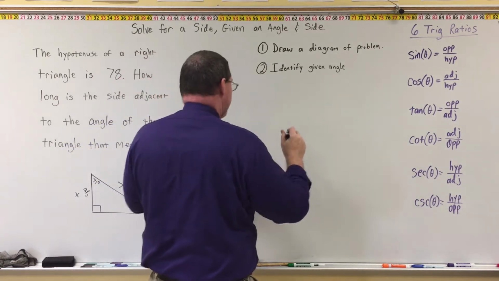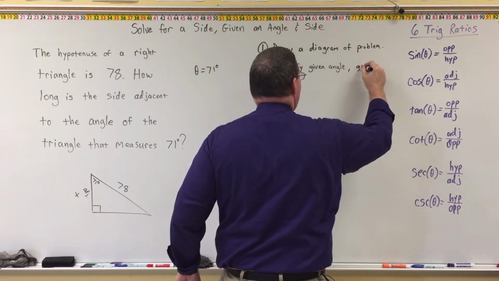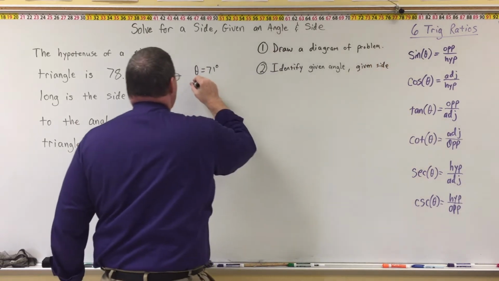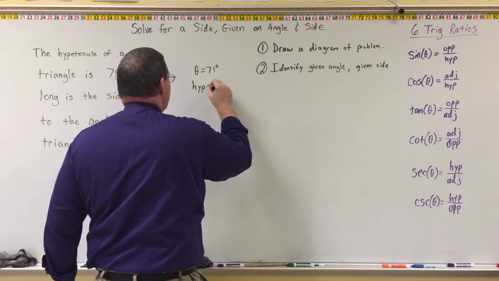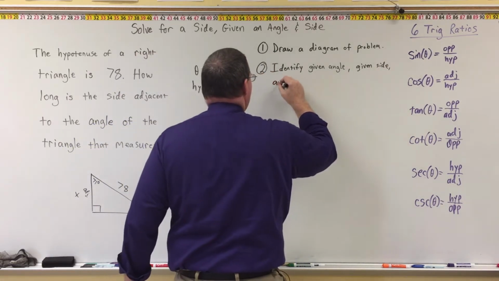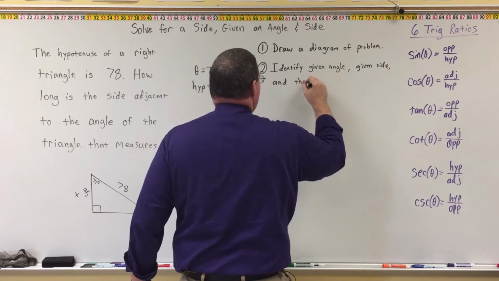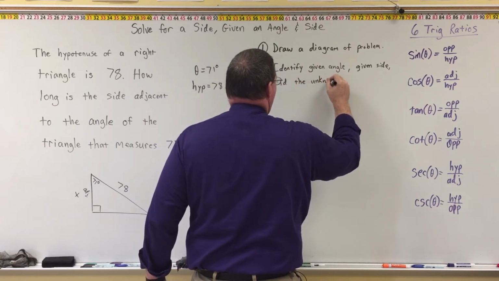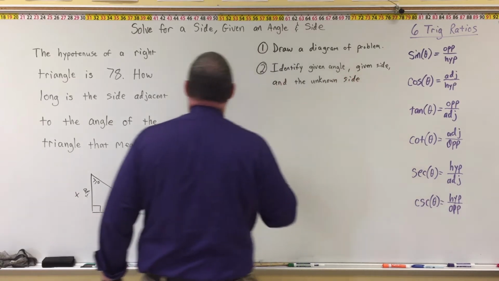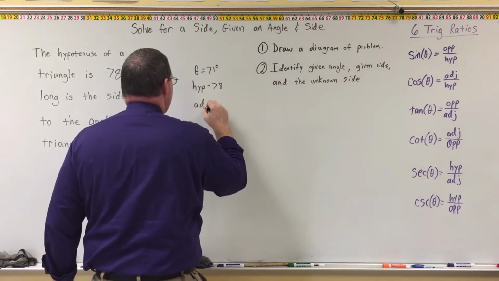The given side in this case is the hypotenuse, which is given as a length of 78. And the unknown side, that's what you're solving for. In this case, the unknown side is the adjacent side.